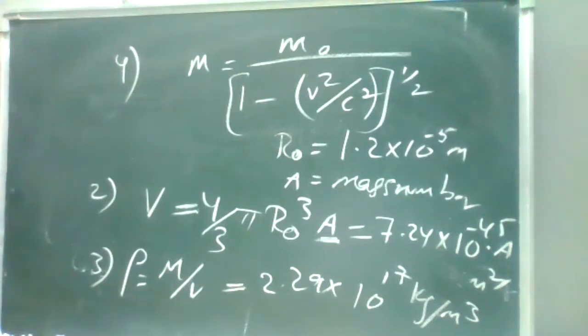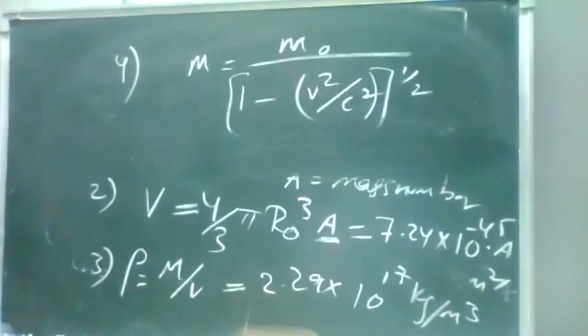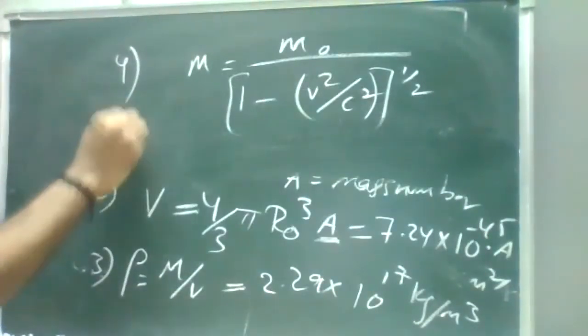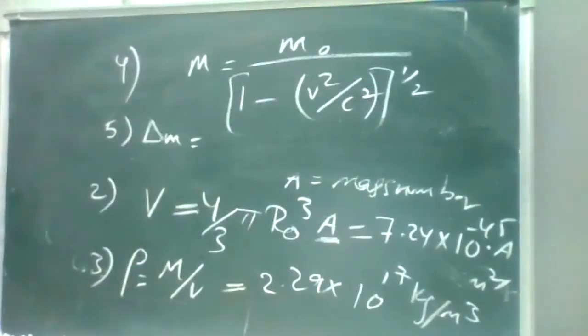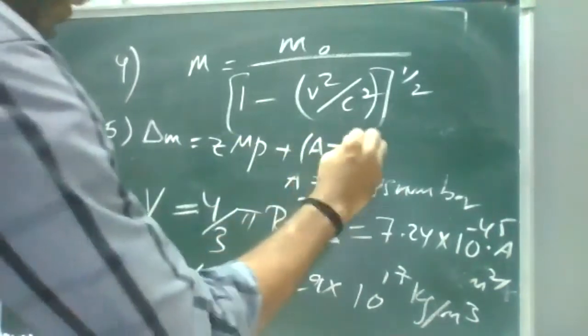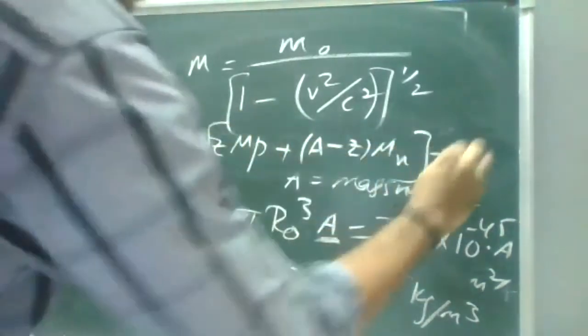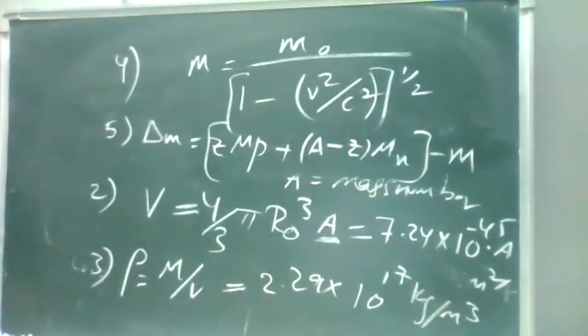Next one, mass defect. Del m is equal to Z mp plus (A minus Z) mn minus M. Mass defect.